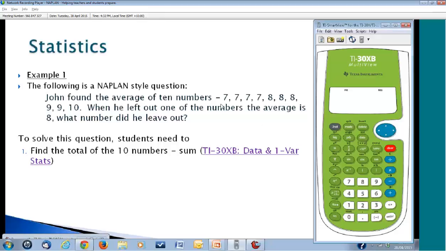So in doing this question, one thing that they can do with finding the total is put in 7 plus 7 plus 7, or they could do 7 times 4. Another way they can do it is they can enter data, and I've actually got some information in here, so I need to clear my data. I'm just going to press the data button again, and go down to option number 4 and clear all.